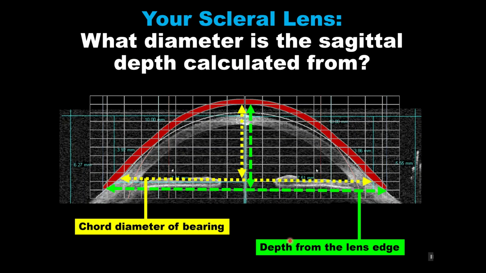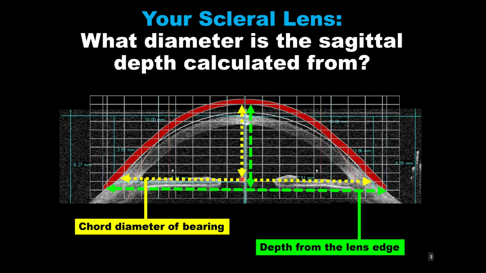But what is helpful when you're fitting sclerals is to understand where your scleral lens is measuring its sagittal depth from. Some scleral lenses measure the depth from edge to edge and to the peak of the contact lens.